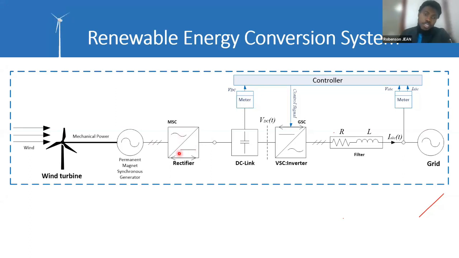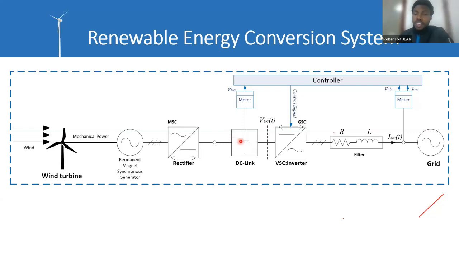So this rectifier is a converter, as you can see. So it helps us to pass from AC to DC. And here we have the DC link. Why do we have this capacitor? This capacitor is like an element of storage that helps us to make a kind of regulation in the power or in the voltage.